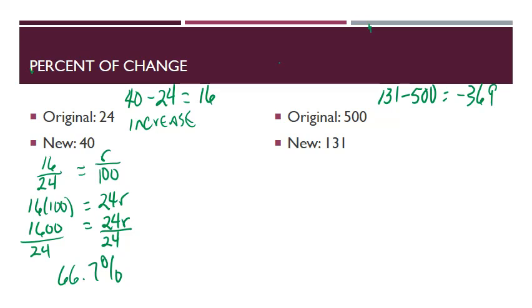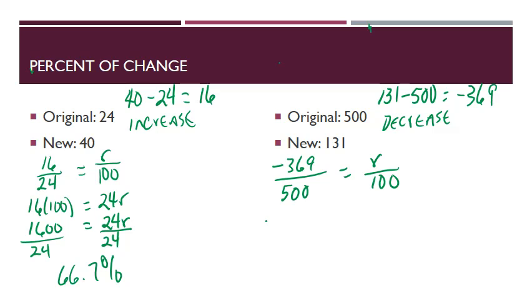Well, this number is negative, so I know I'm going to have a decrease. I'm going to have a percent decrease. I'm going to set up my two ratios, solve for my proportion. So I've got negative 369 over the original amount, 500, equals my rate, R, over 100.